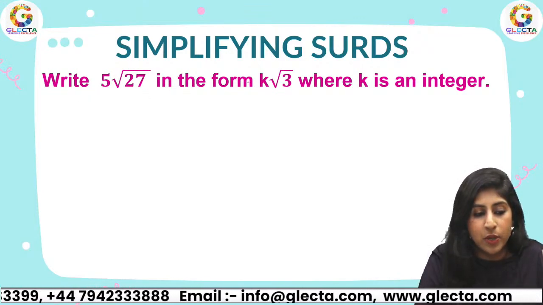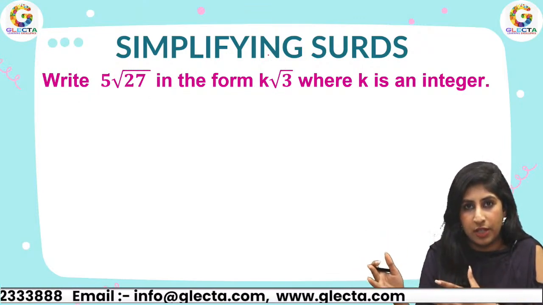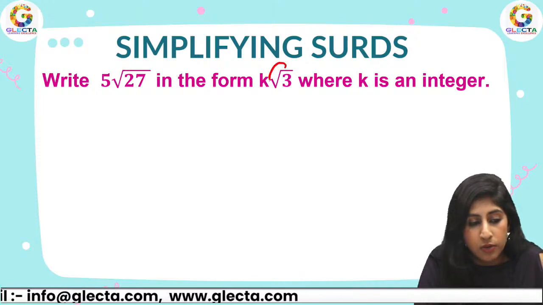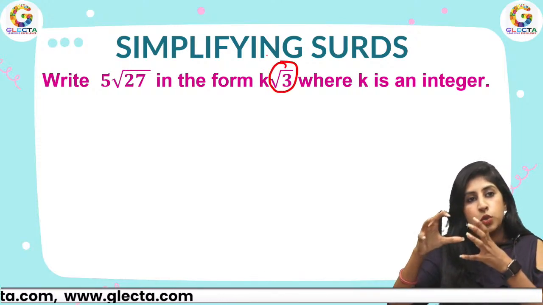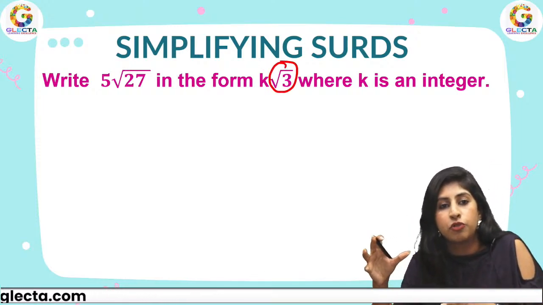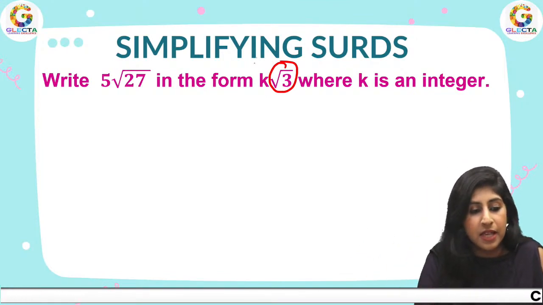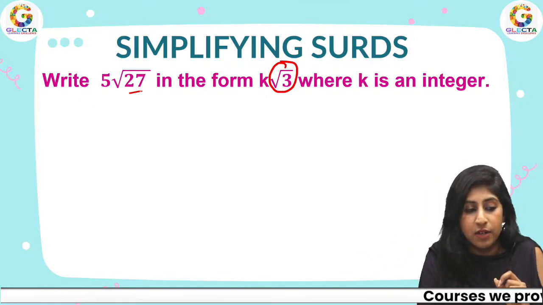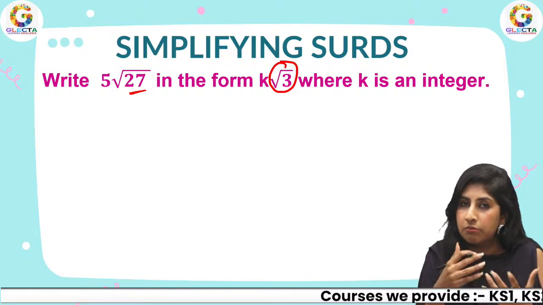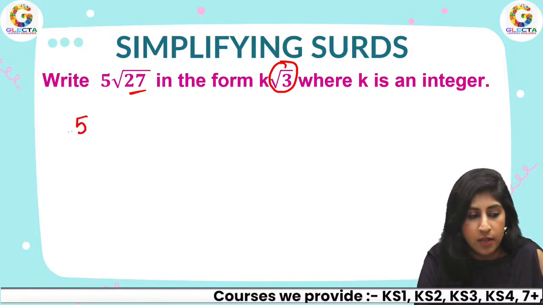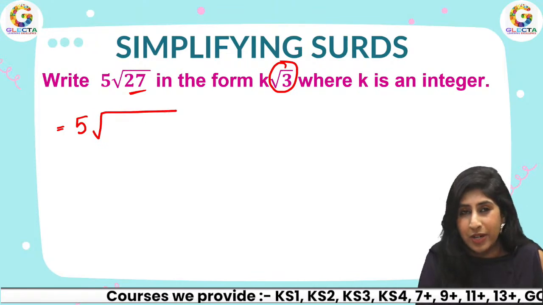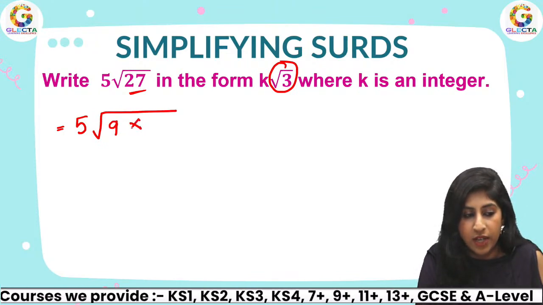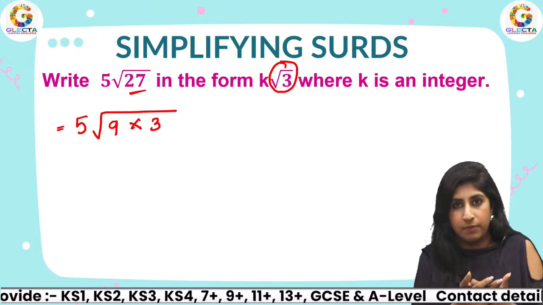Write 5 surd 27 in the form k surd 3. Now since I have to express square root 27 in the form of square root 3, that means that I have to write 27 as a multiple of 3. 27 can be written as 9 times 3, isn't it?